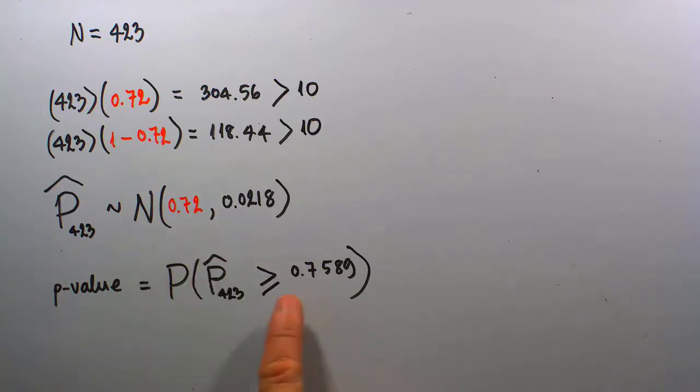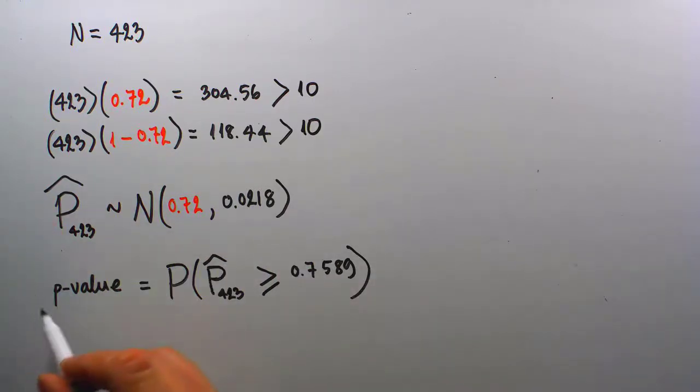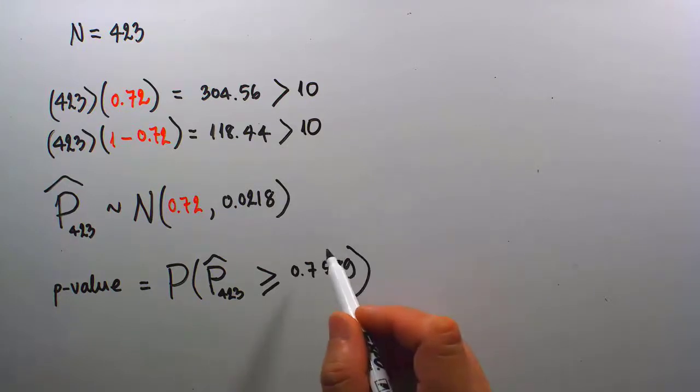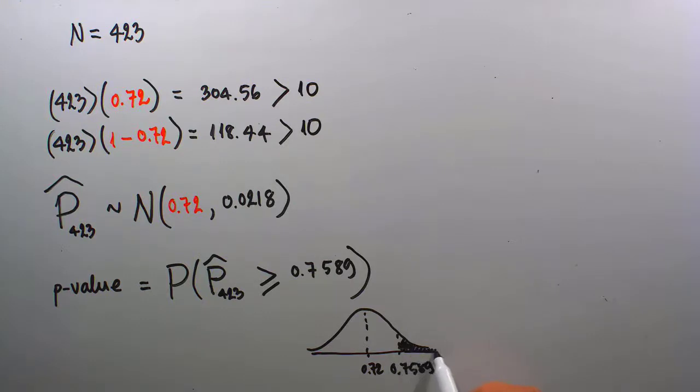But at least for this calculation setup, once we know that we're on a bell curve with this center, and understanding that our sample value is on this sampling distribution bell curve, then we can proceed with this p-value calculation as a bell curve area problem. Here's our bell curve, 0.7589 is somewhere on this bell curve to the right of 0.72, and the probability we're finding is an area shaded to the right-hand side.